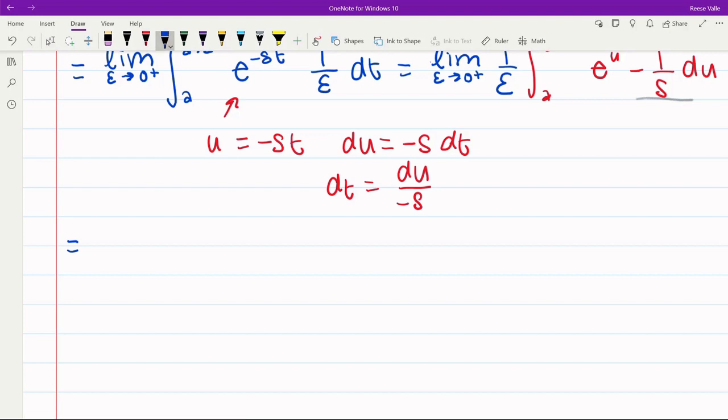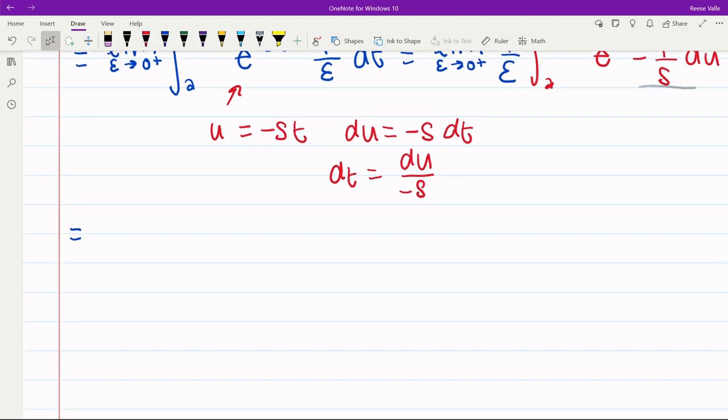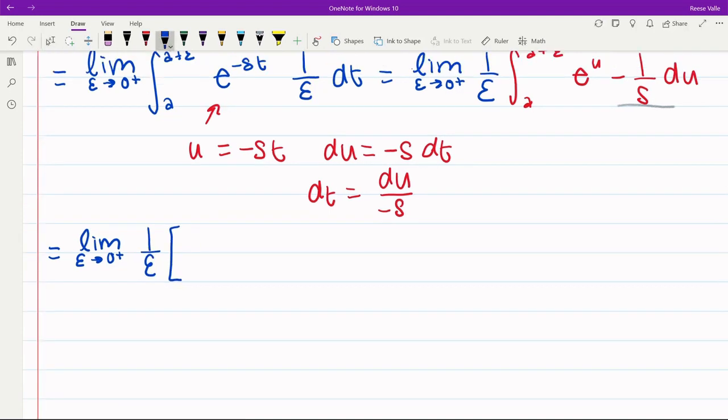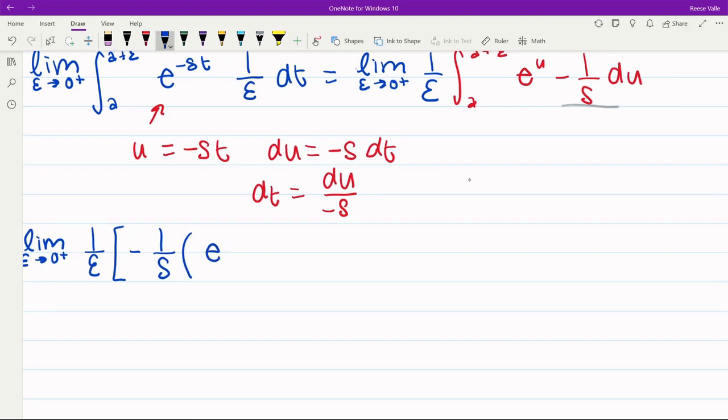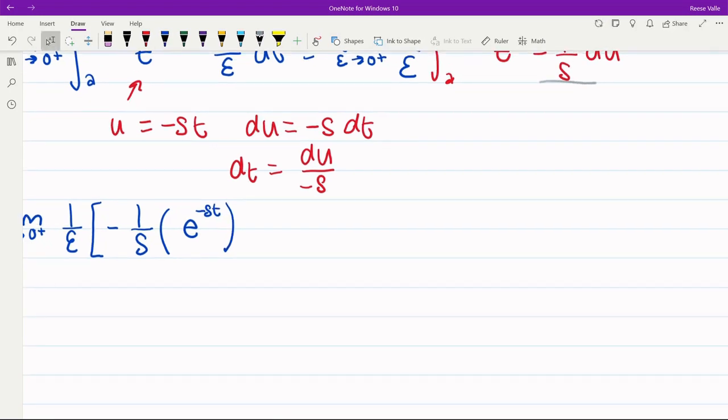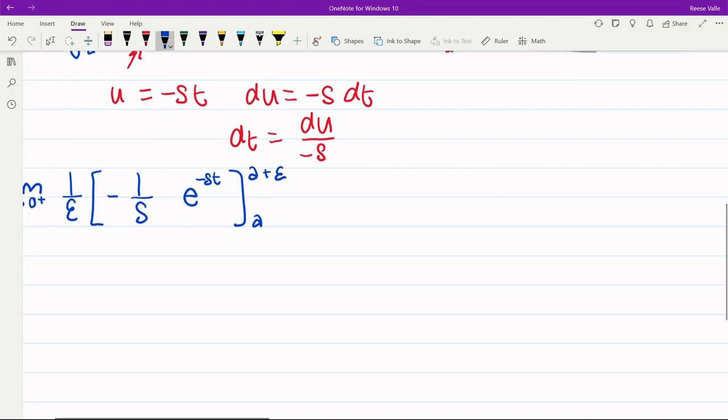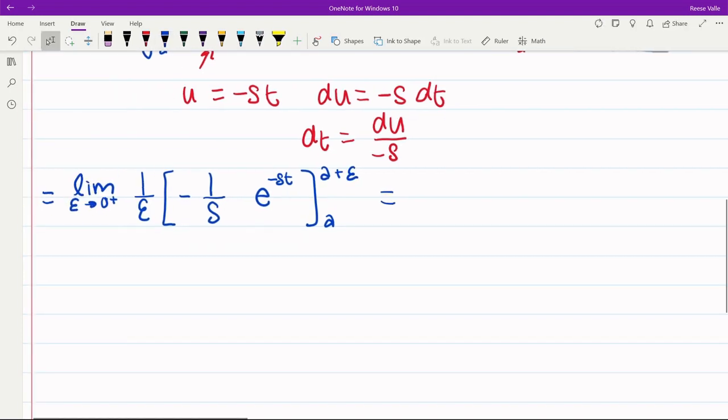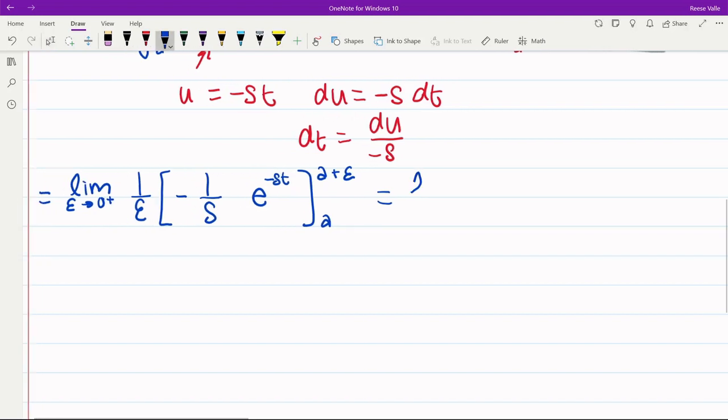So we're going to write it as the limit as epsilon approaches 0 on the positive side, 1 over epsilon, multiplied by negative 1 over s times e to the negative st, evaluated from a to a plus epsilon. And then you're just going to finish the integration.